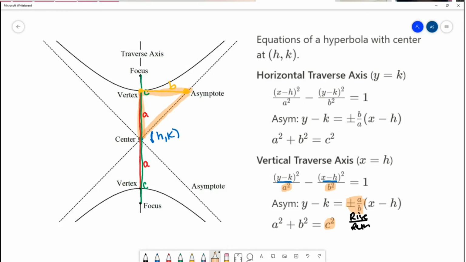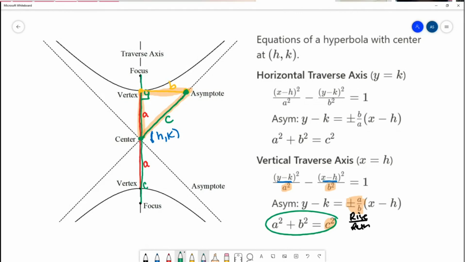Now, as it turns out, with a little bit of manipulation, you can also see that this distance here along the asymptote is also c. And so we have a right triangle, which means that we can use the Pythagorean theorem to relate a, b, and c. So this is all helpful information when we're trying to take pieces of information to build the equation of the hyperbola.